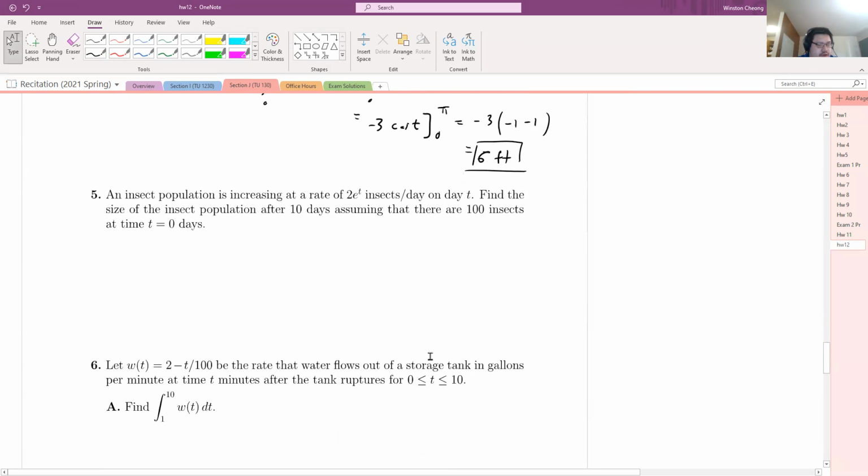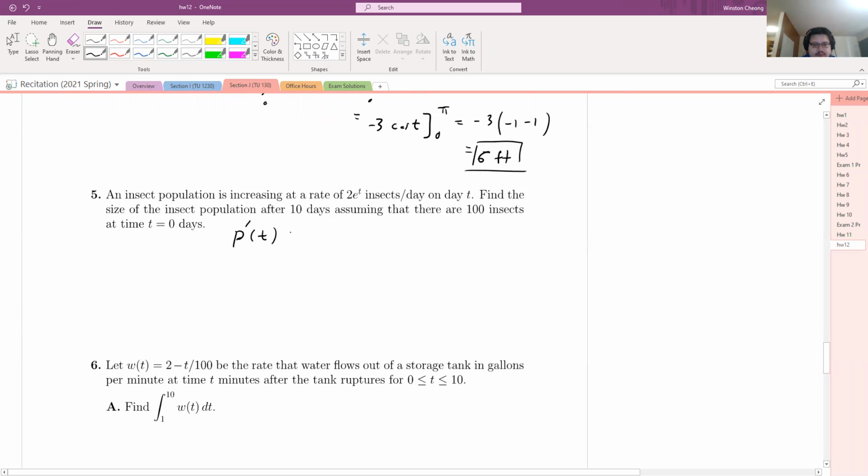Okay. For number 5, it's going to work very similarly. An insect population is increasing at this rate. So I'll call a function p to denote the population. The first sentence is saying something about the change in population, which is the derivative.